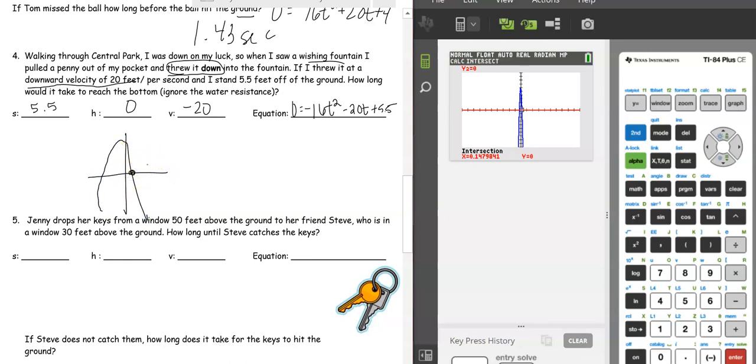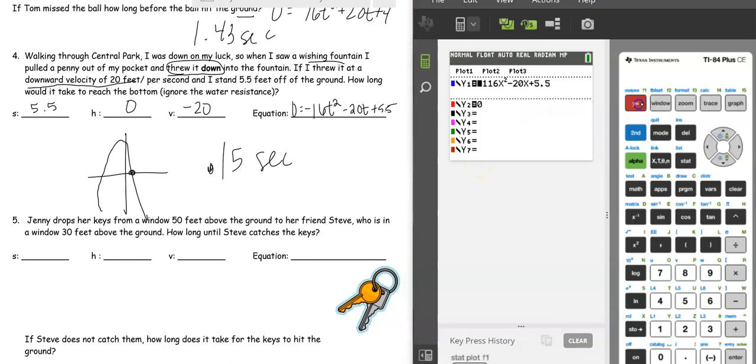Right here, it would take 1.20... 1.5 seconds. Or sorry, 0.15 seconds. Yes. I hope I put that in right because my answer key... No, it's not. Look at this. I was going to say my answer key is different, so I hope you guys are saying, no, you're wrong.